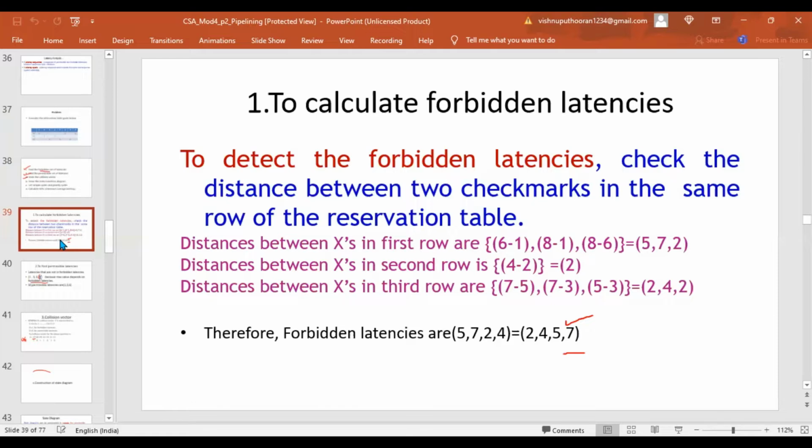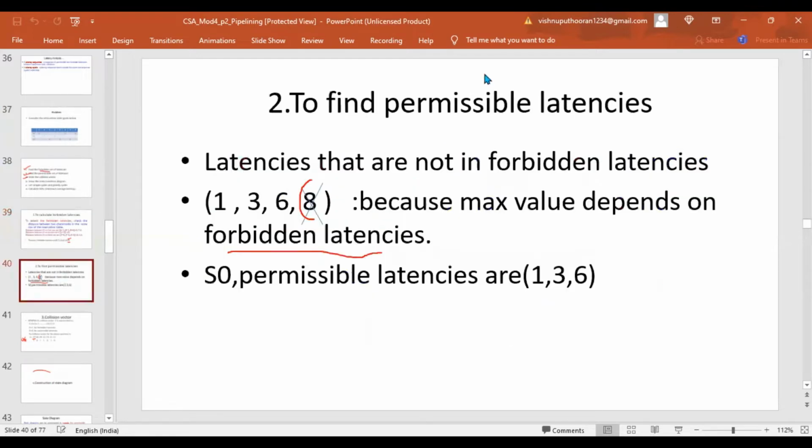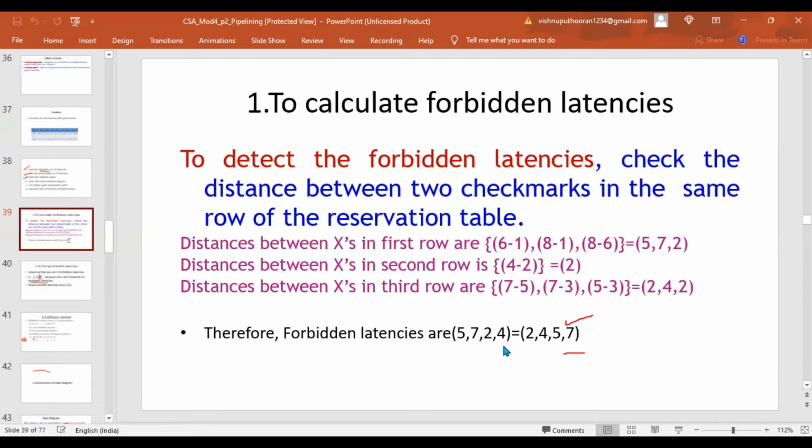Forbidden latency means the latencies which make collision, and permissible latencies are latencies which do not make collision. So in order to find the permissible latencies, we need to find the latencies which are not in the forbidden latency. Please check our forbidden latency.